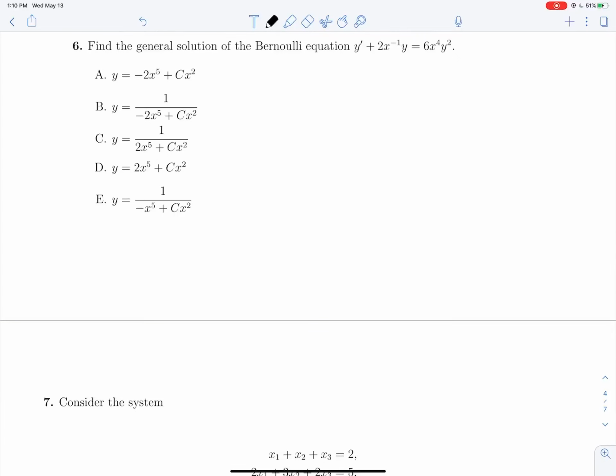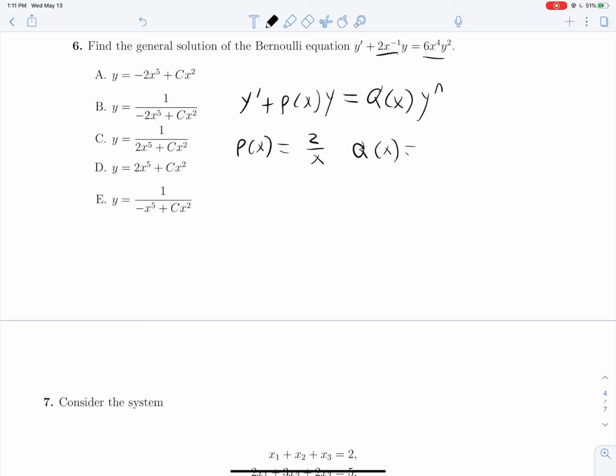Question number 6, we have a Bernoulli equation. So this is an equation of the form y prime plus p of x times y is equal to q of x times y to the nth power, and we see that exactly here. Our p of x is 2 over x, and our q of x is 6x^4, and n is equal to 2.